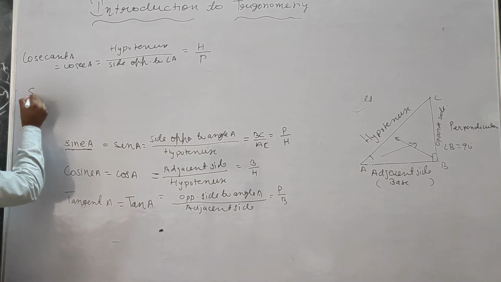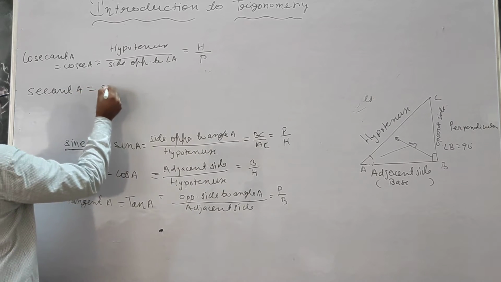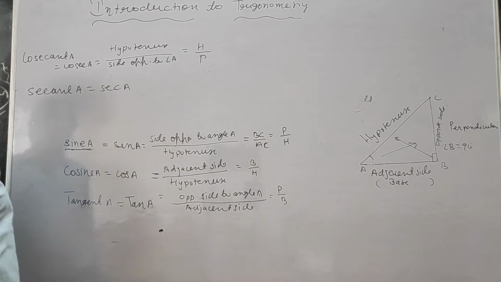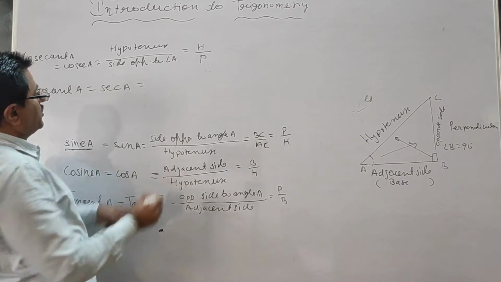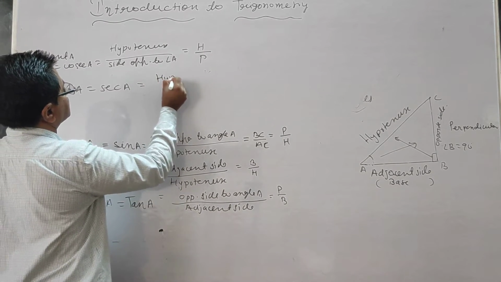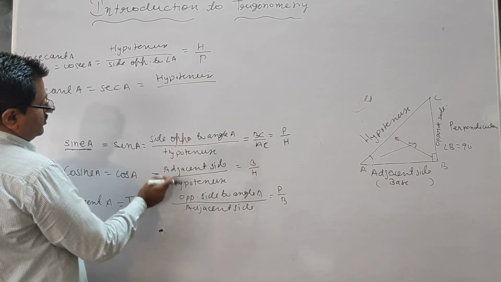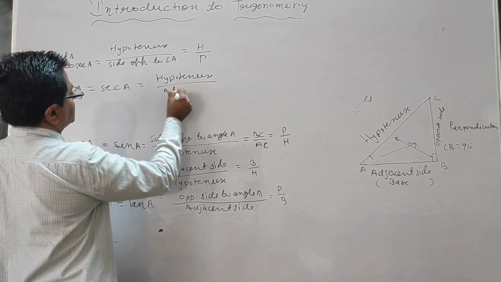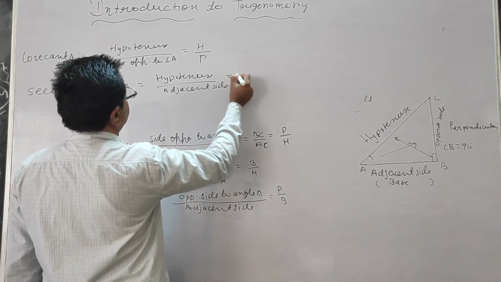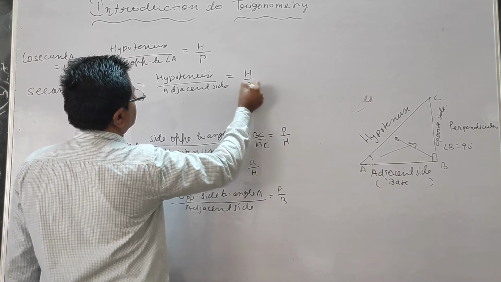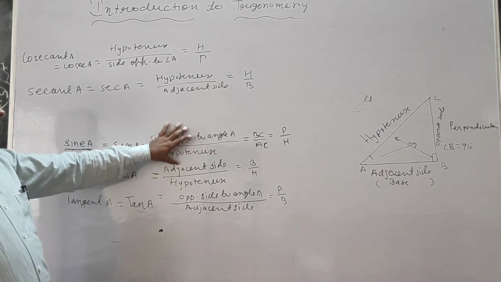Similarly, we have secant of A, in short sec A, which is hypotenuse upon the adjacent side, that is H upon B. So these are just the reciprocals of sin and cos.